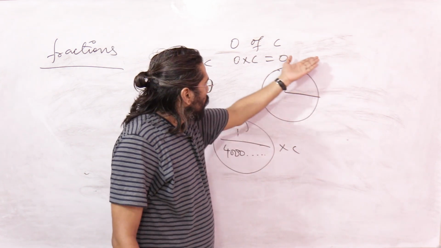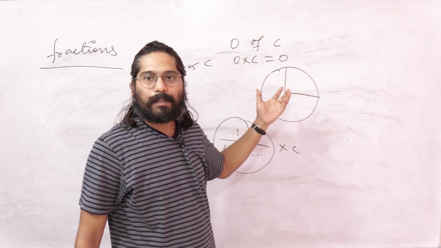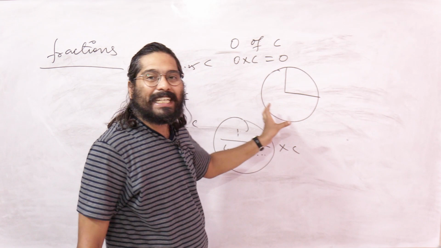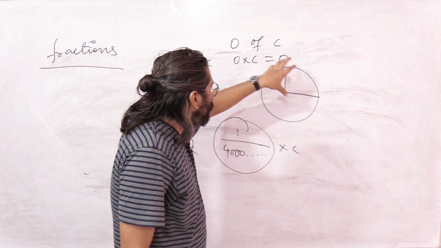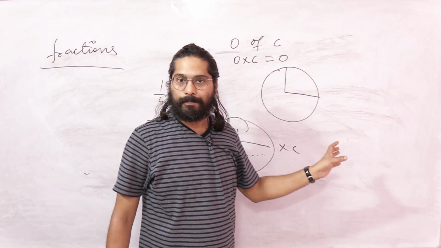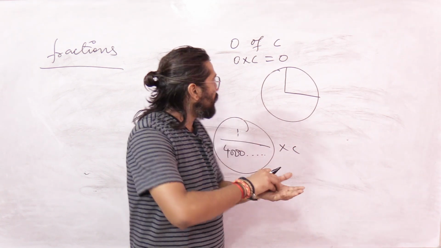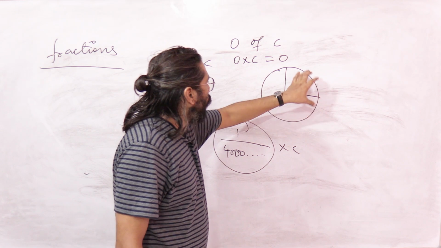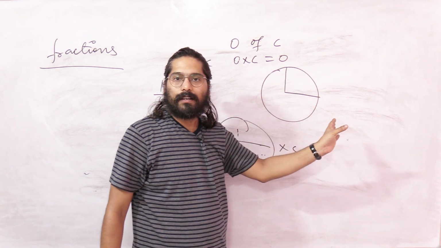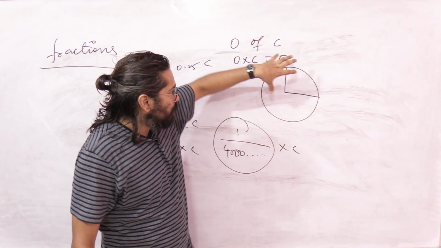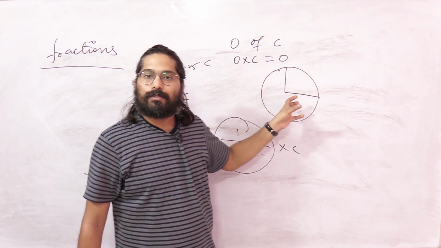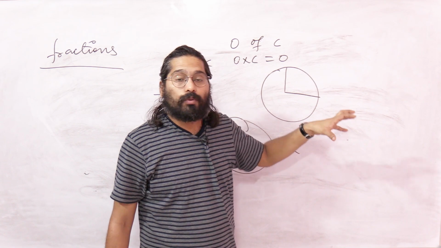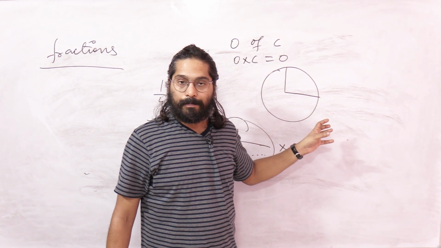If we took nothing from this circle, that means this circle remains intact. There is not a single piece of this circle that has gone, right? So after taking the 0 part of this circle, the whole circle remains here. There is no loss in this case.